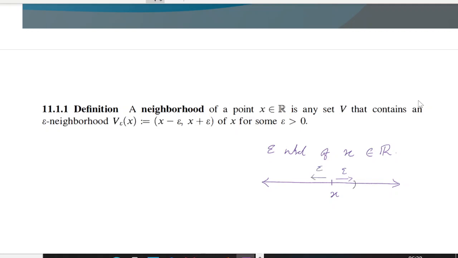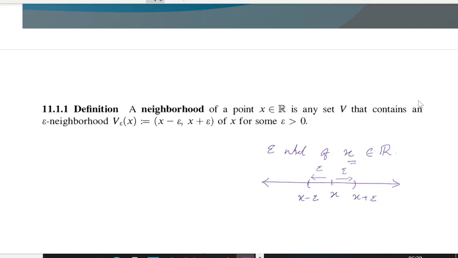So here the point should be x plus epsilon, and here the point should be x minus epsilon, right? We will say that this is an epsilon neighborhood of the point x. But here what we are defining is a neighborhood of a point. No need to say that it's an epsilon neighborhood. We will say that it's a neighborhood of the point x.